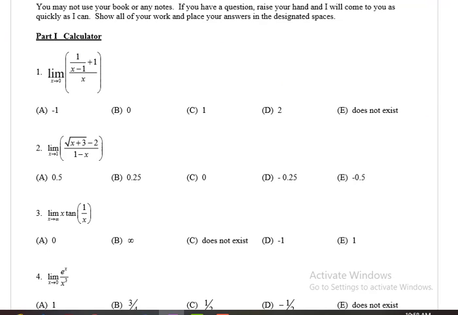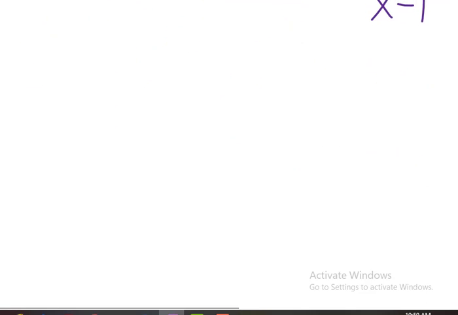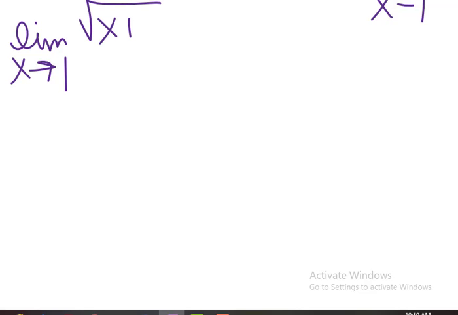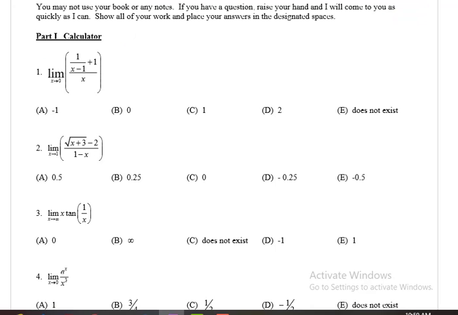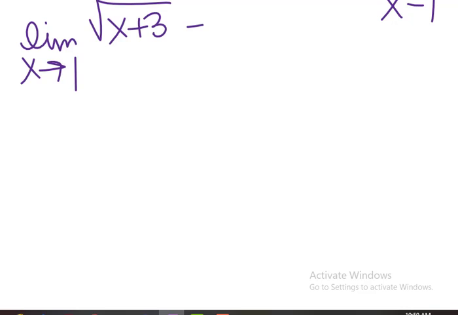So here we have the limit as x approaches 1 of the square root of x plus 3, minus 2 over 1 minus x. Okay.